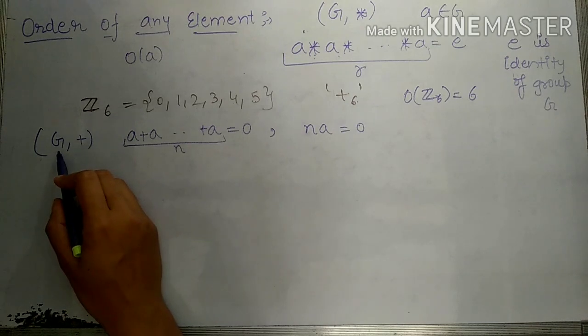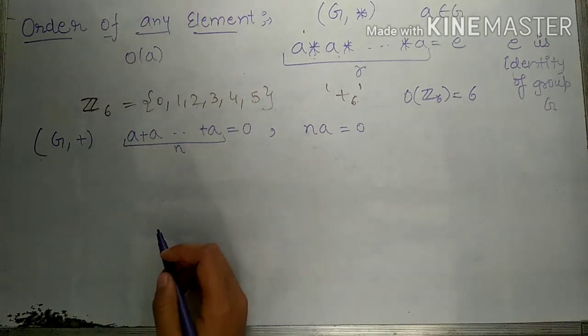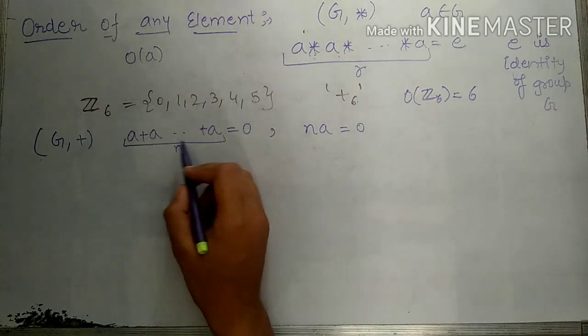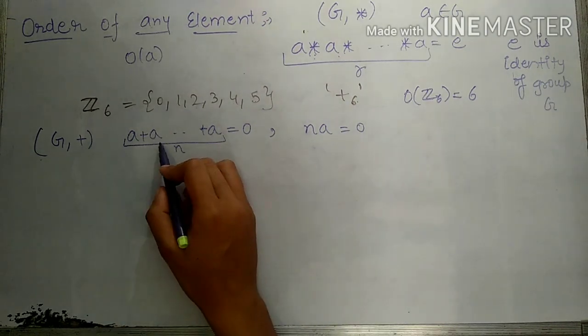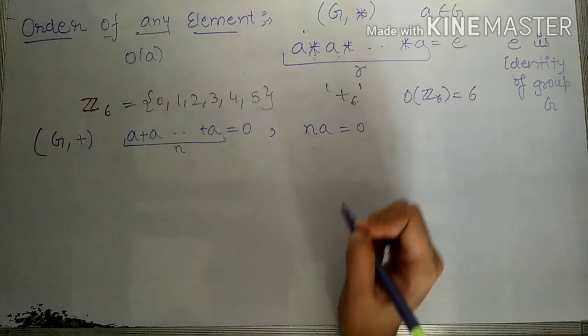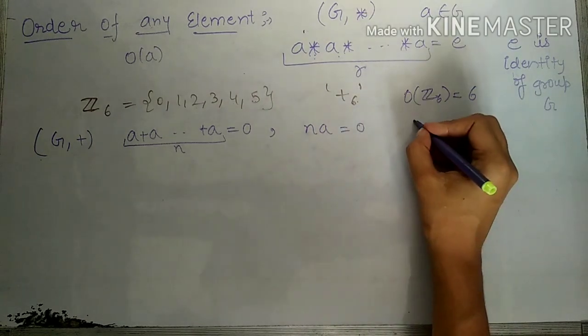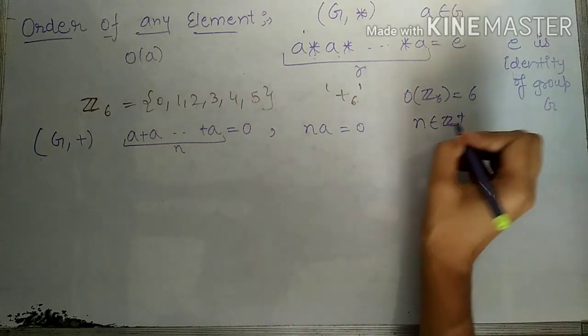Friends, when we take G as a group with the binary operation of addition, we define the order of any element A as the least number of times A is to be added with itself so that it comes out to be 0. Or we say that it is the least positive integer n such that n into A equals 0.